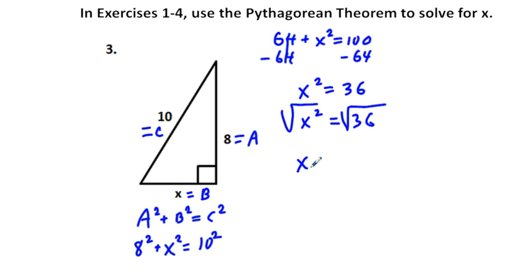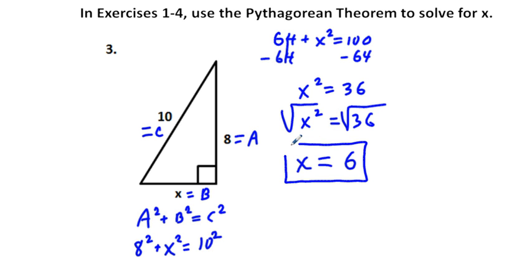So we have x is equal to the square root of 36, which is 6. And again, normally in solving an equation, without regard to the context, we would say x would be equal to plus or minus 6. However, since we know that a distance cannot be negative, only positive, we know this is our answer.